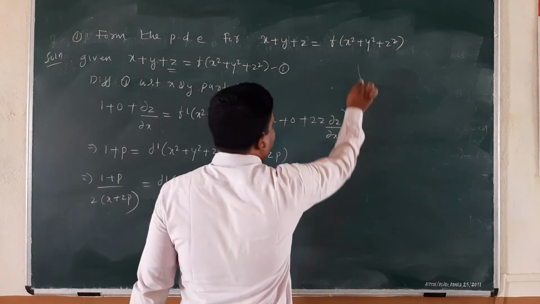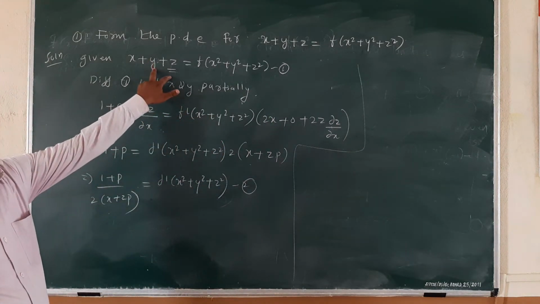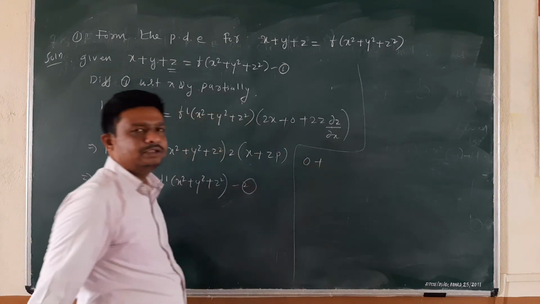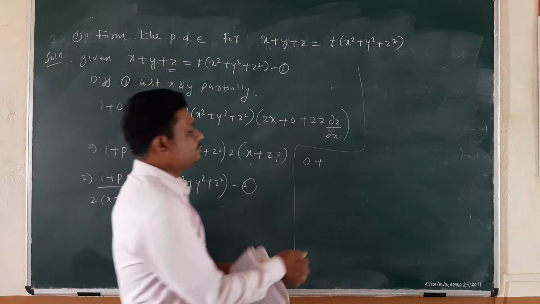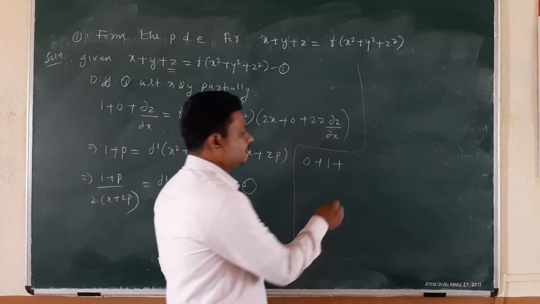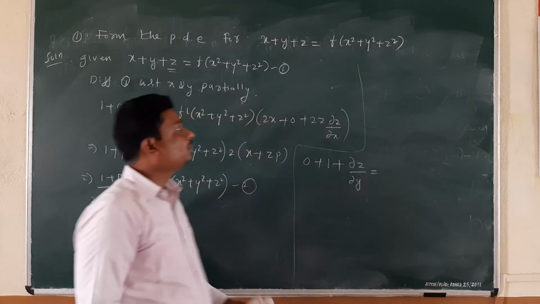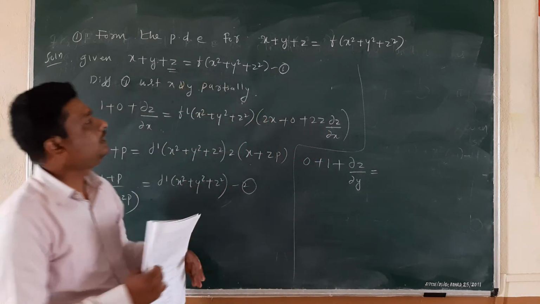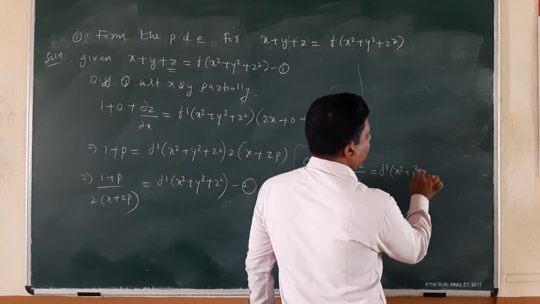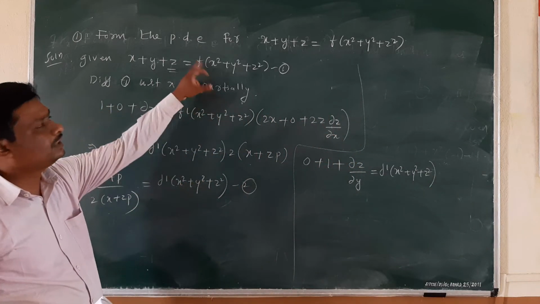Now similarly, I will differentiate equation number 1 partially with respect to y. So now derivative of x is 0, derivative of y with respect to y is 1, derivative of z with respect to y is dou z upon dou y, is equal to derivative of f, which is f dash of x square plus y square plus z square. The function is removed.